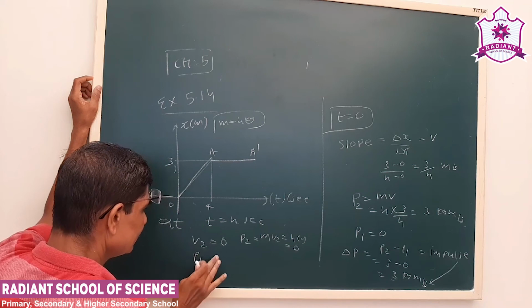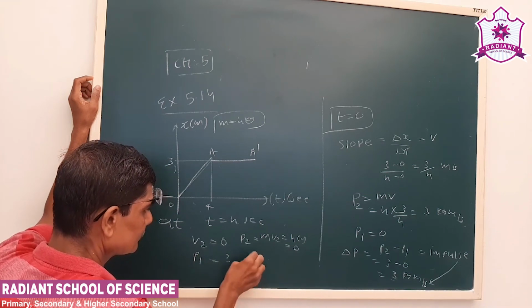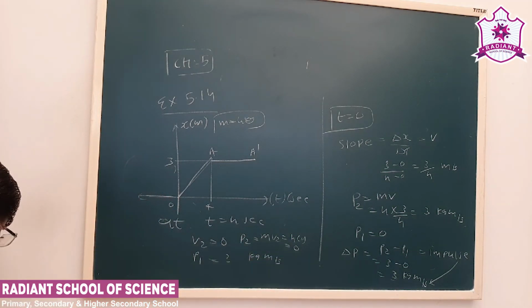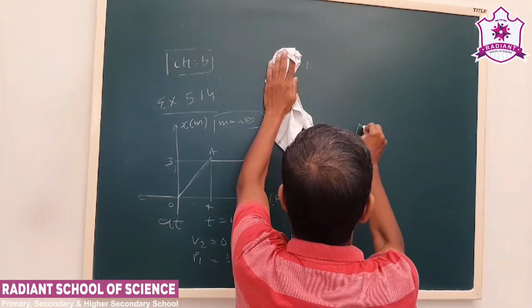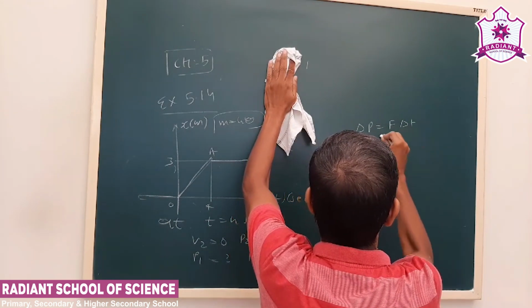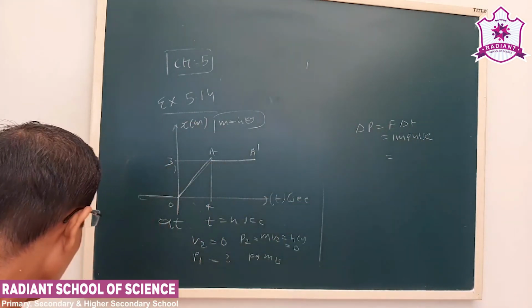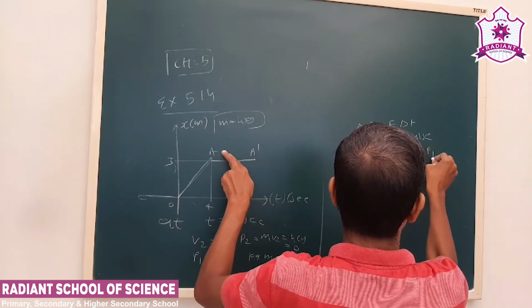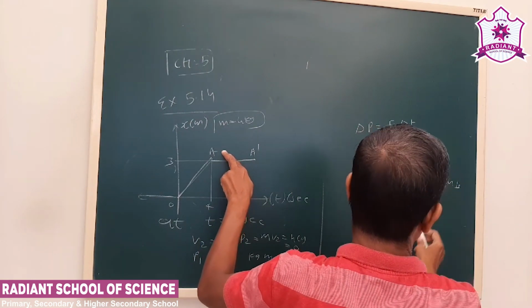Now p1 we have obtained is 3 kg meter per second. So the change in momentum will be equal to p2 minus p1. Finally, p2 is 0, p1 is 3, so the impulse is minus 3 kg meter per second.